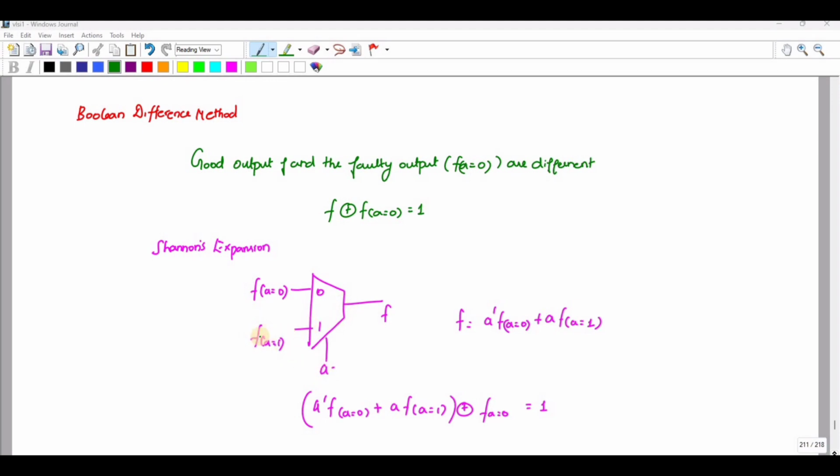That is the input flow through the output, right? So I can write f is equal to a bar times f of a equal to 0, because a is 0 now, and if a is 1, f of a equal to 1 is selected. So you substitute this second equation in the first equation, and you will get this one.